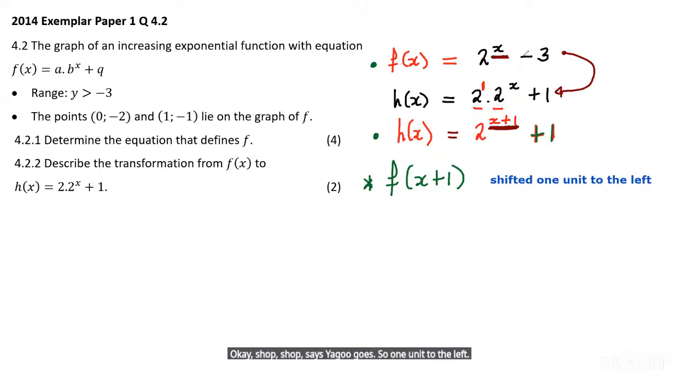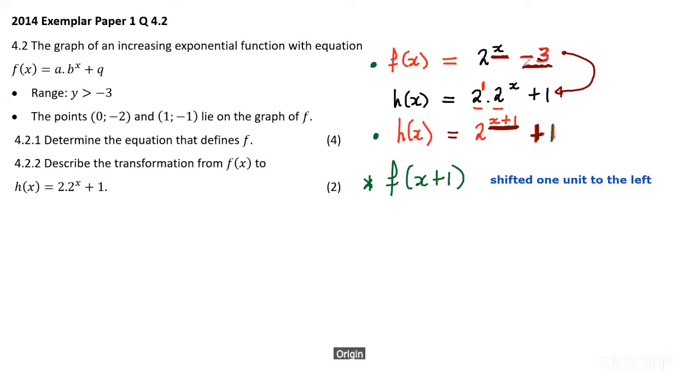Now the minus 3. We have minus 3 here. So then there is a plus 1. Originally, we have minus 3, now plus 1. What did we do? Listen to this. The minus 3 on the outside looks like I must translate.